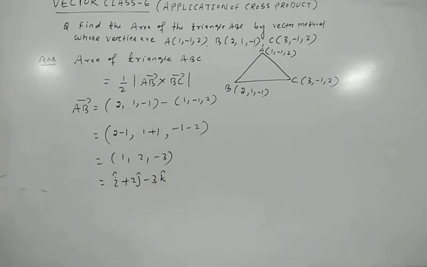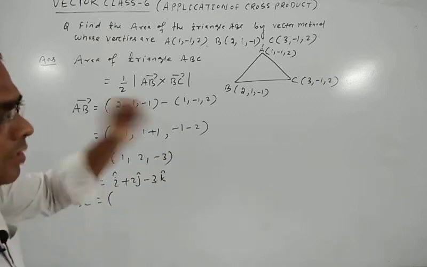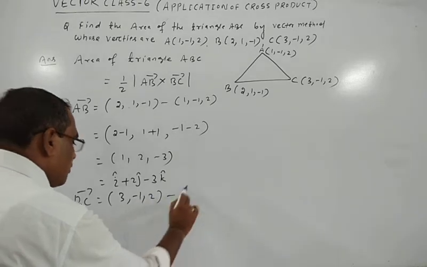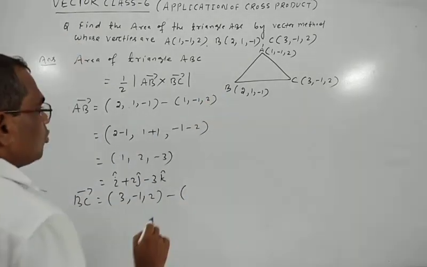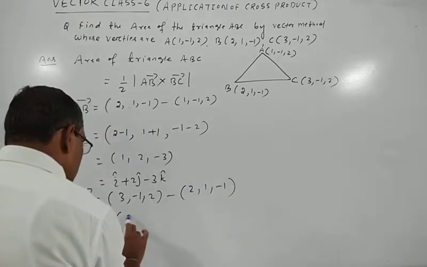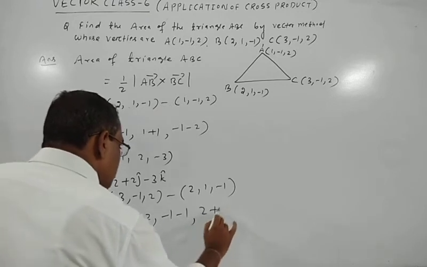Next, BC vector. BC vector means position vector of C minus position vector of B. So the position vector of C is 3, minus 1, 2, minus the position vector of B, 2, 1, minus 1. Then this is 3 minus 2, minus 1 minus 1, and this is 2 plus 1.